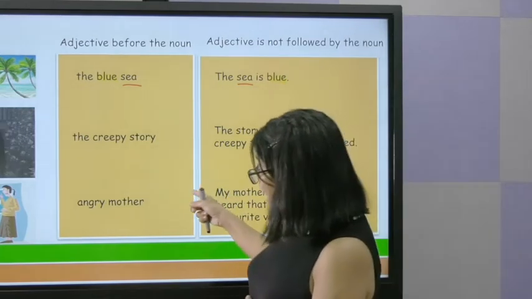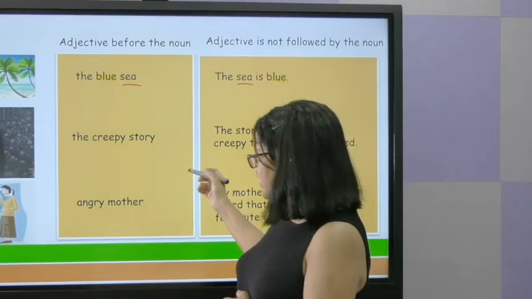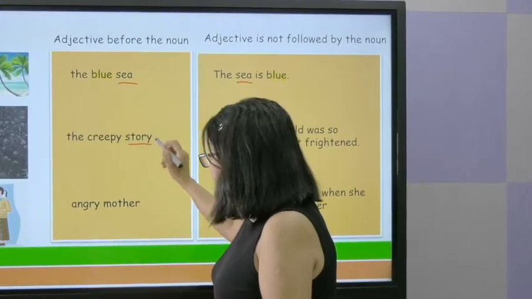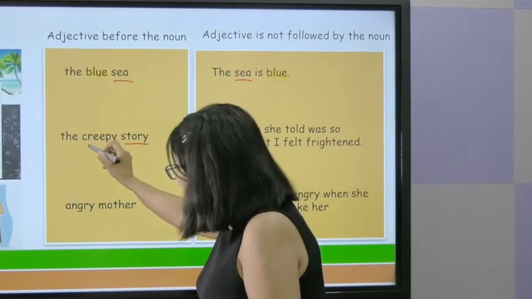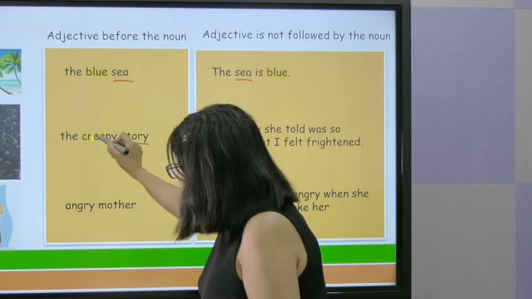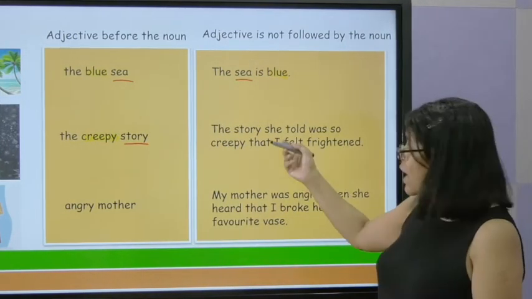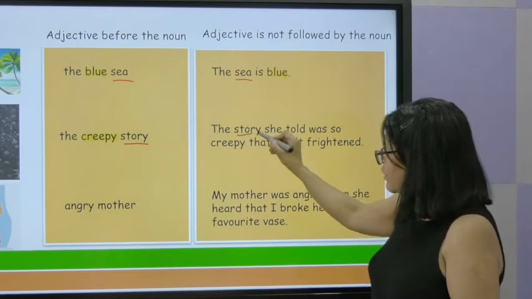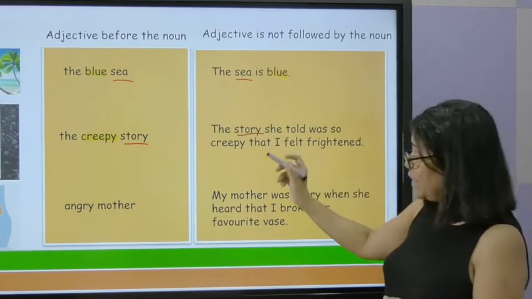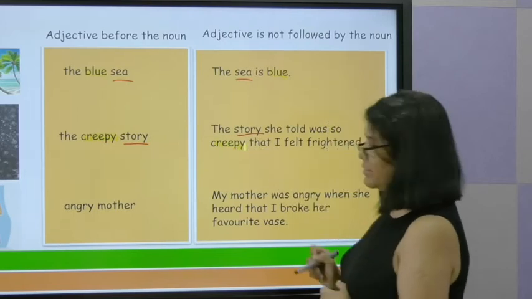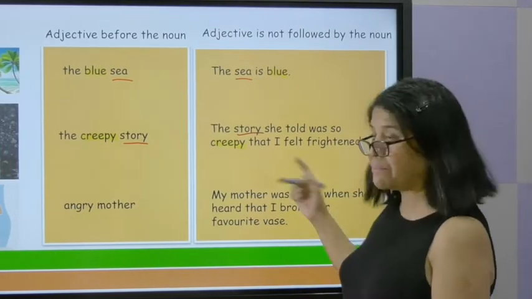And the next one we have the creepy story. Noun is here and adjective is here. And here, the noun is before, and the adjective creepy is after it. So it's the same thing.